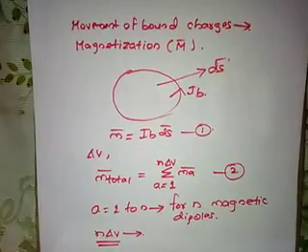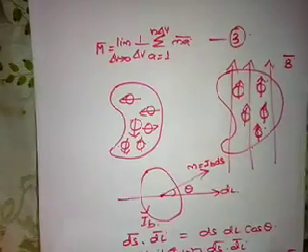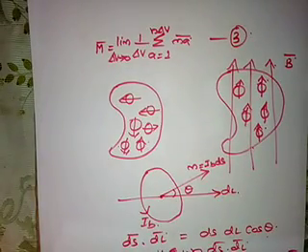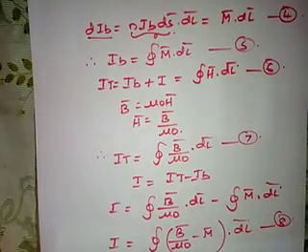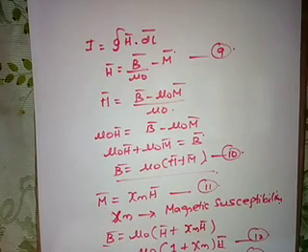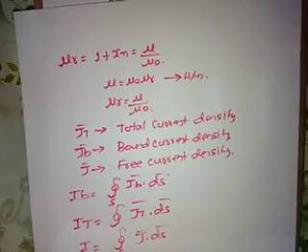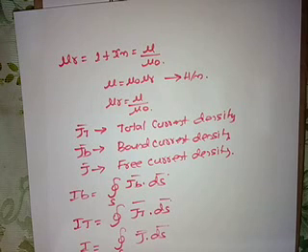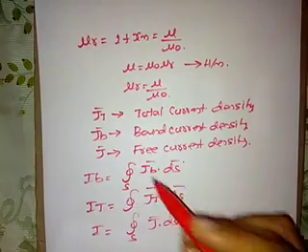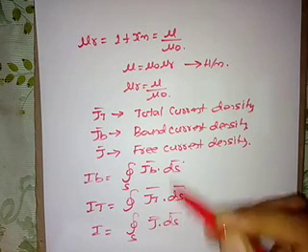We have taken up the next topic, that is magnetization and permeability, and we have derived the equations for the magnetization and permeability, in particular the equation of the relative permeability, that is mu r is equal to 1 plus xi m, and we have written the various equations in terms of the current densities.